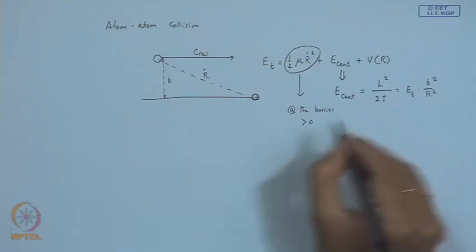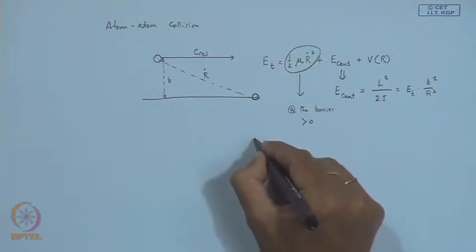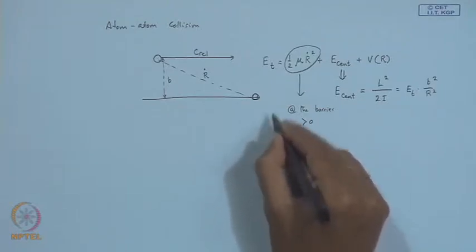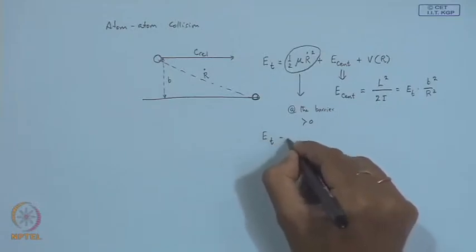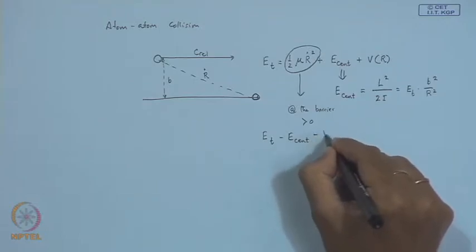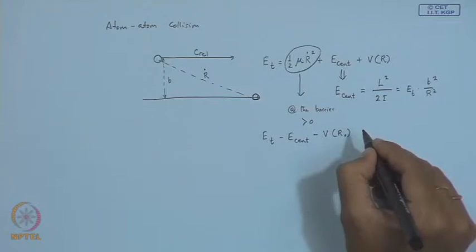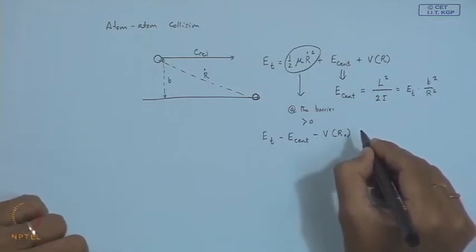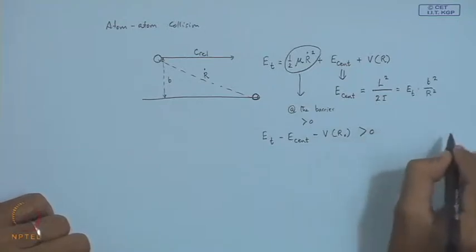You can write E t minus E cent minus V(R0), that is at the barrier, which has to be greater than 0.